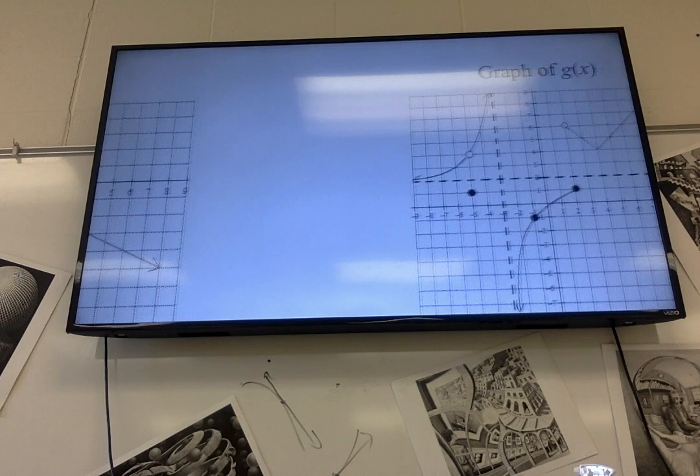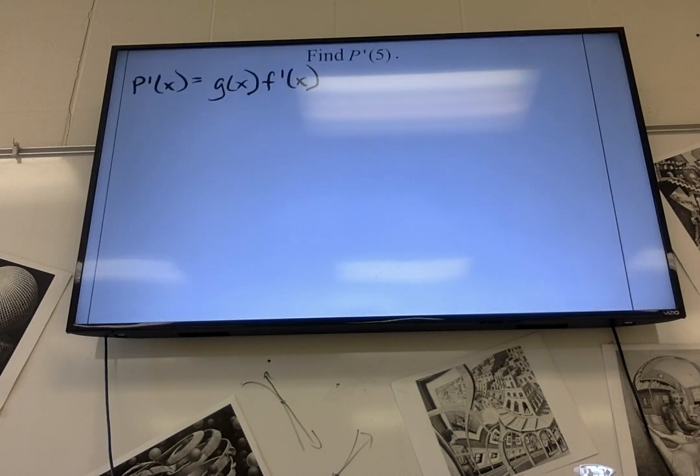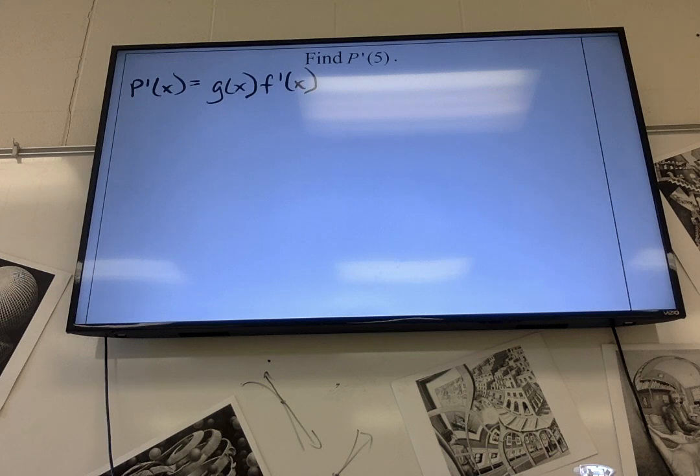These graphs are f of x and g of x. Low d high minus high d low, square the bottom, and away we go.